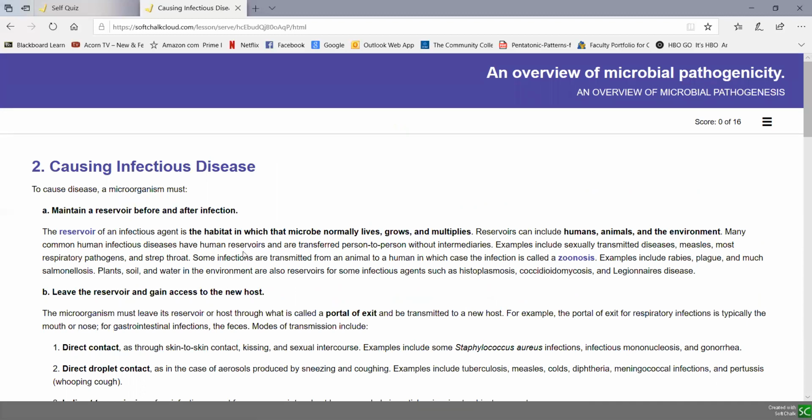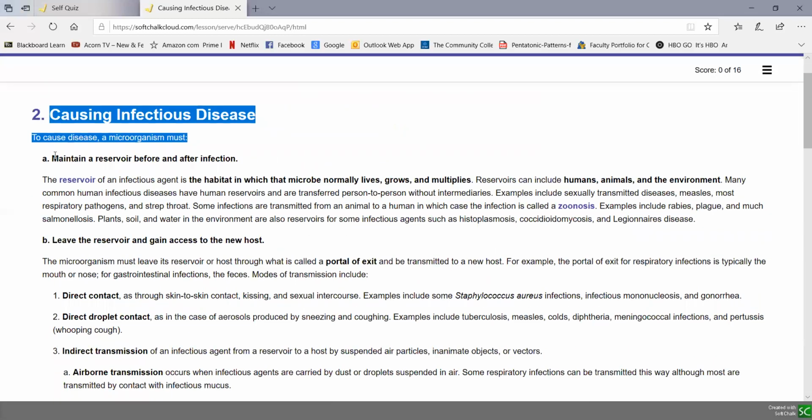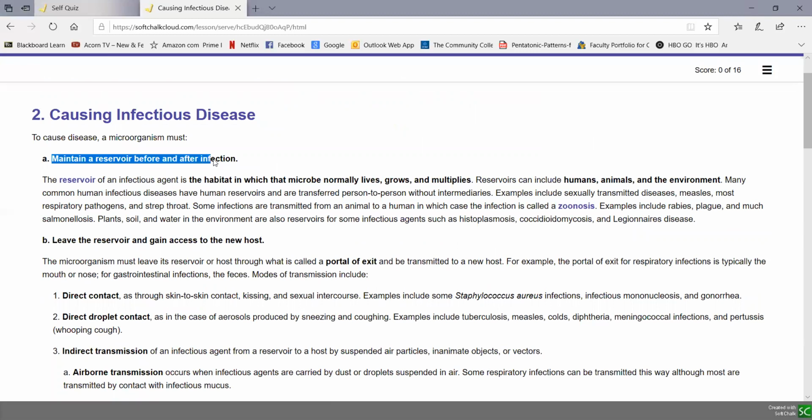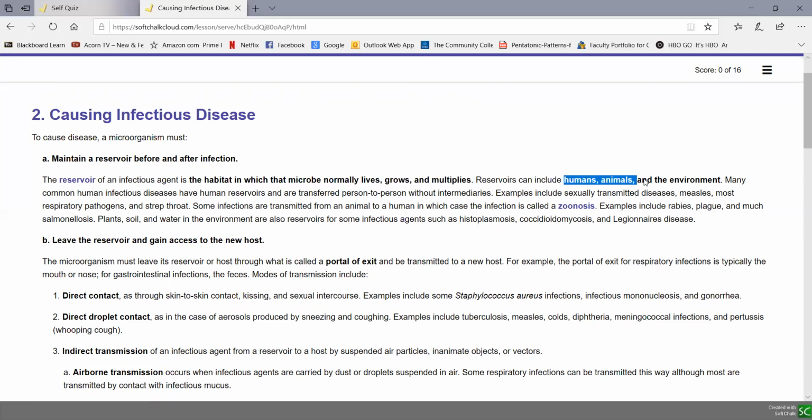Now, there's a number of things that a microbe has to do to cause an infectious disease. First of all, they have to maintain a reservoir before and after the infection. So a reservoir of an infectious agent is the habitat in which that microbe normally lives, grows, and multiplies. And those reservoirs can include humans, animals, and the environment.